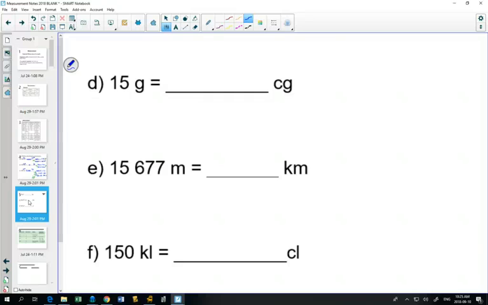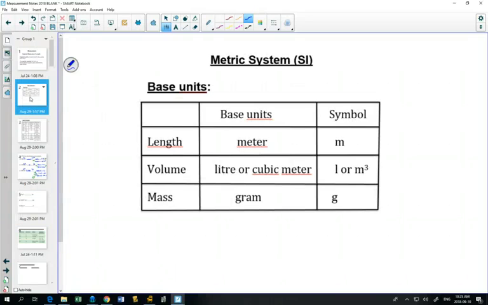Sometimes, depending on the base unit, you might really feel like you don't know what these units are, right? Grams, you're okay, but centigrams? I'm not sure. The most common one that you're used to, if we go back to our base units, you're most used to your meter, right?